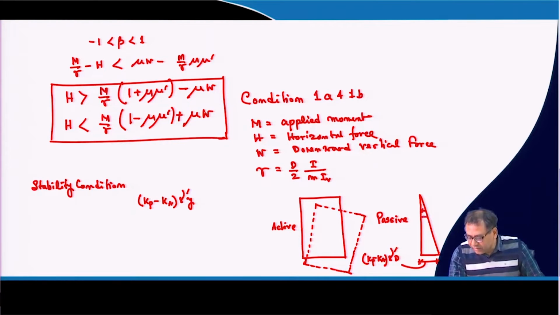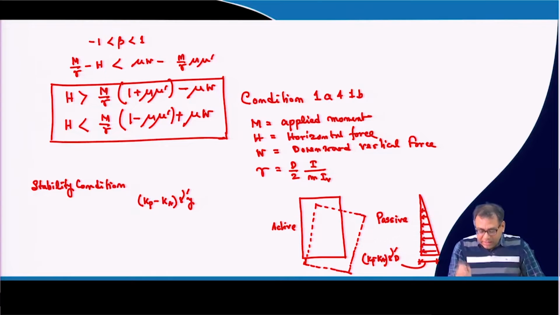This will be the net pressure diagram. In the previous analysis, that is Terzaghi's analysis, Kp and Ka were the Rankine earth pressure coefficients, but here it is Coulomb's earth pressure coefficient.